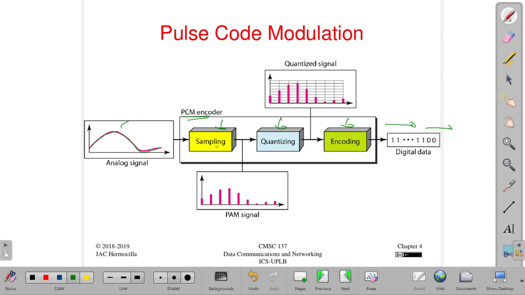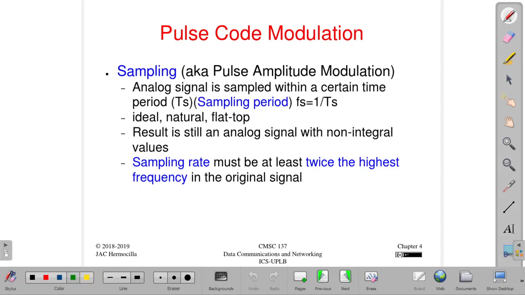So the output after sampling is called the PAM signal, and then after the quantizing we have the quantized signal. So let's talk about the first step. The first step is sampling, or pulse amplitude modulation. So the idea here is the analog signal is sampled. When you say sampled, it's detected, right?